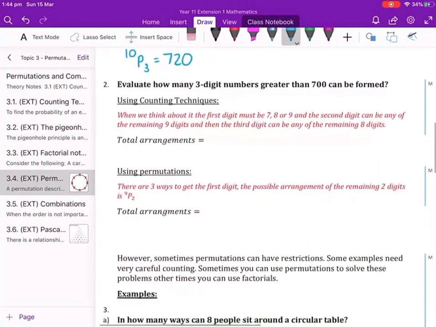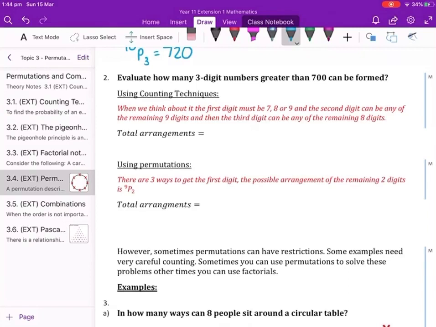Example 2, we want to evaluate how many 3-digit numbers greater than 700 can be formed. Using counting techniques, when we think about the first digit, it must be 7, 8 or 9. So I'll draw my boxes up again off to the side. Our first digit can only be 7, 8 or 9, so we put 3 in there.